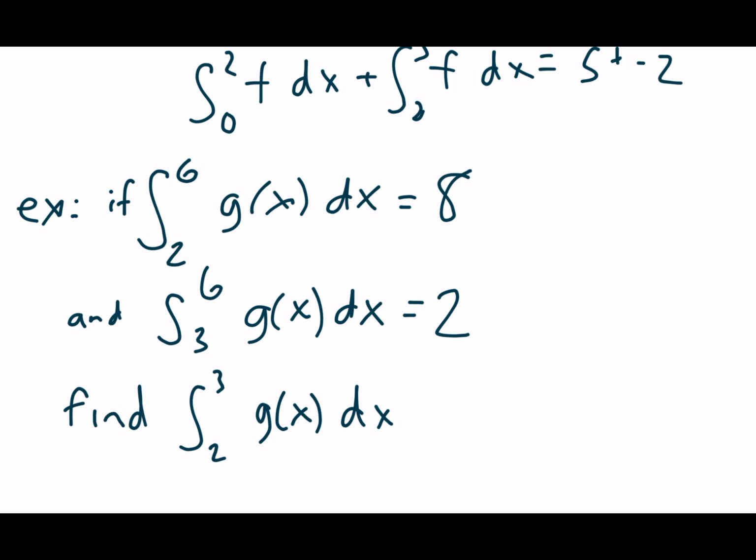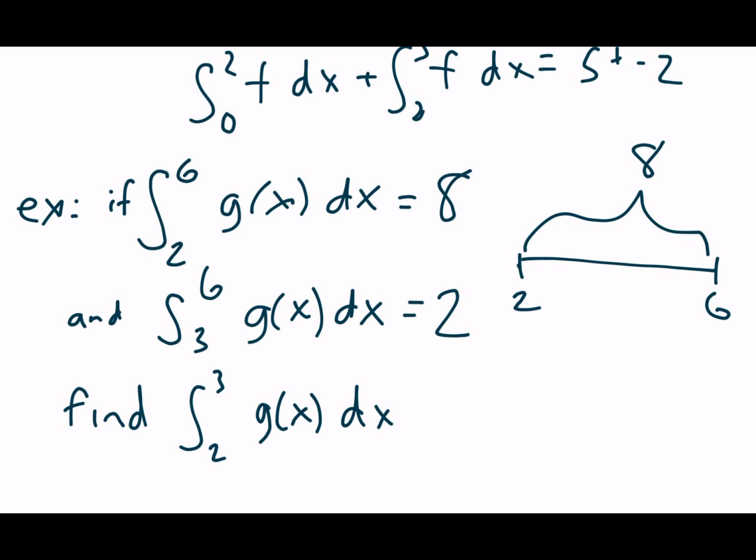Here's another take on this. If the integral from 2 to 6 of g of x dx equals 8, and the integral from 3 to 6 of g of x dx is 2, find the integral from 2 to 3 of g of x dx. And again, I have no idea what this curve looks like. I don't know what's above and what's below. But if I go from 2 to 6, that whole area measures, and I'm using area in air quotes, okay, because it's not strictly area all the time, as you guys are already starting to see.